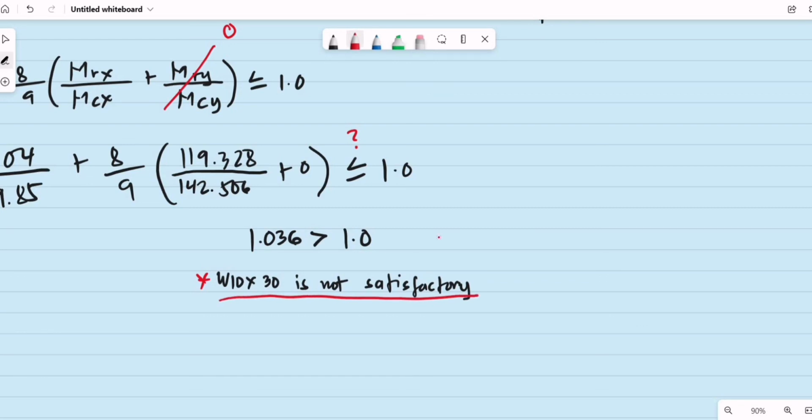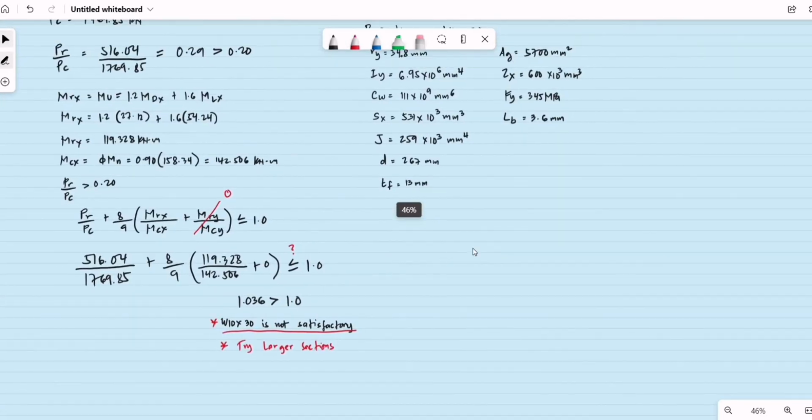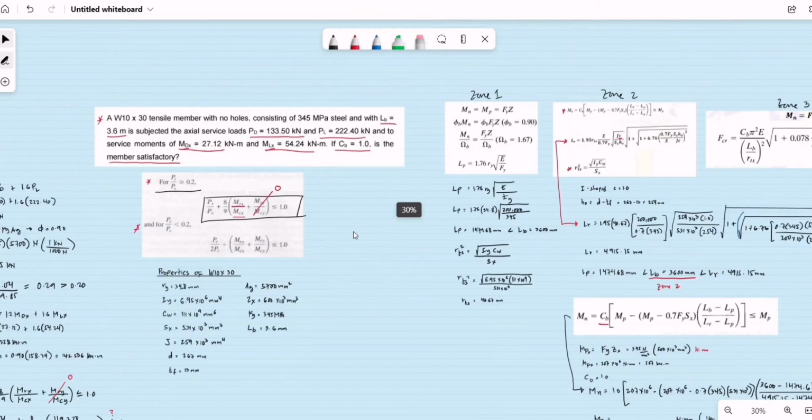For our recommendation, we can try a larger section. So this will be our answer and solution for this given example.